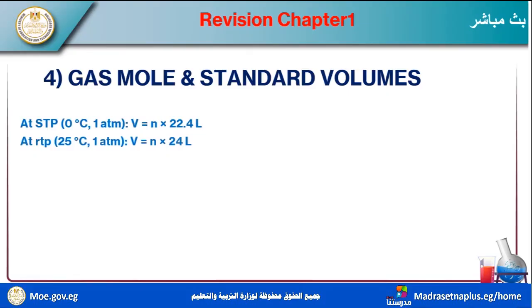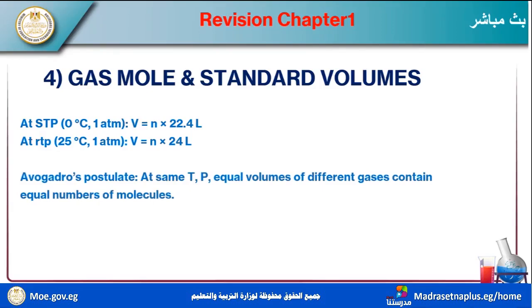If you know the volume or the number of moles at RTP, you can convert into volumes if you want, and use Avogadro's postulate for calculating the number of particles, molecules, atoms, or ions by converting to number of moles.